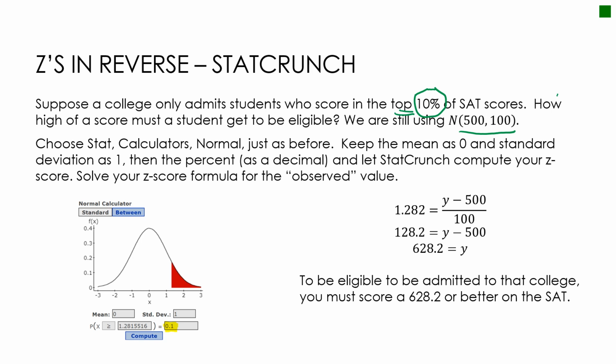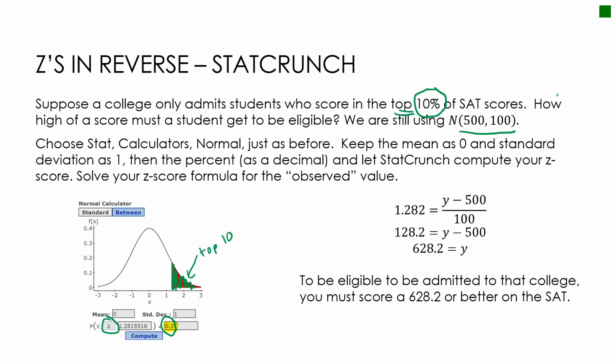And I'm using Stat Calculator's normal just as before. The difference now is that I am actually inputting the probability of 0.1, and notice I've chosen greater than or equal to, because what that did is create that this is the top 10%. Now why is that important?